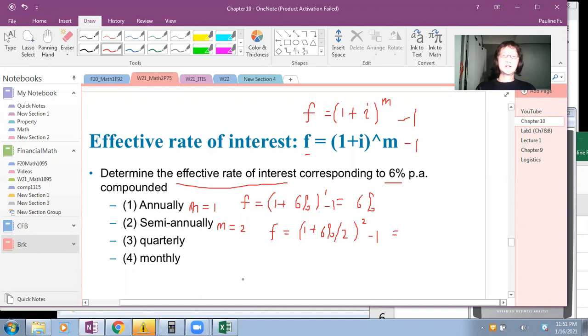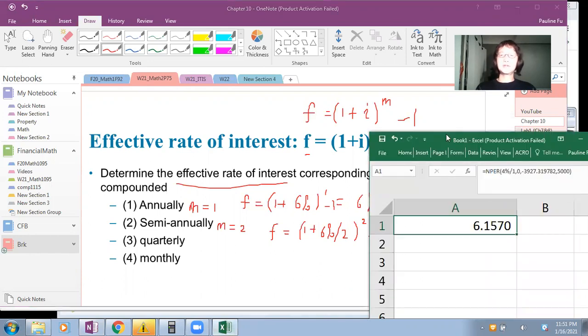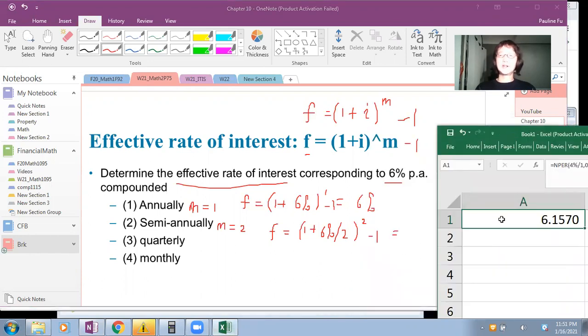I'm going to use Excel to quickly figure this out. So 1 plus 6% divided by 2, raised to the power 2, minus 1. I have to start with an equal sign. So it is 6.09%.